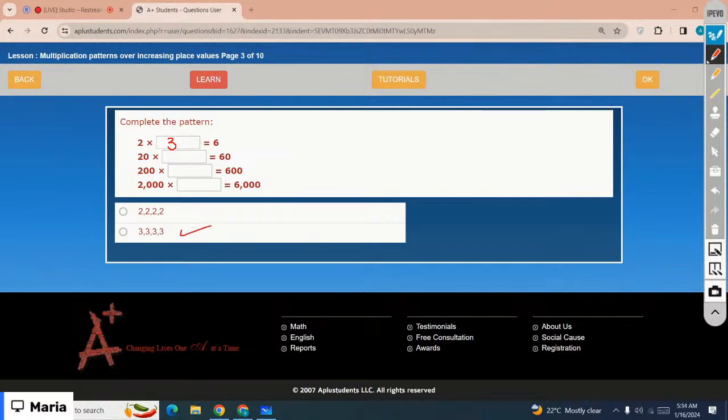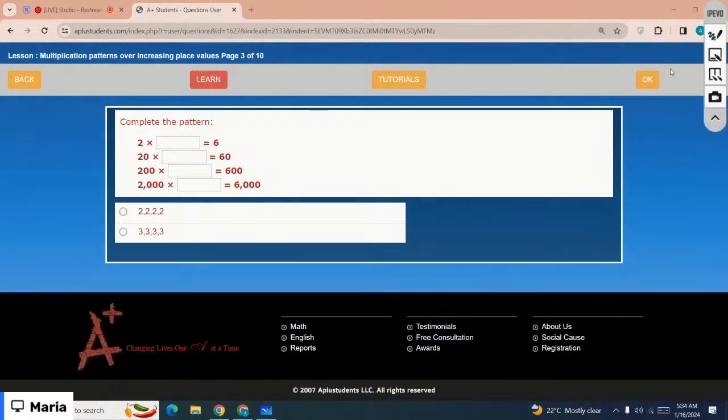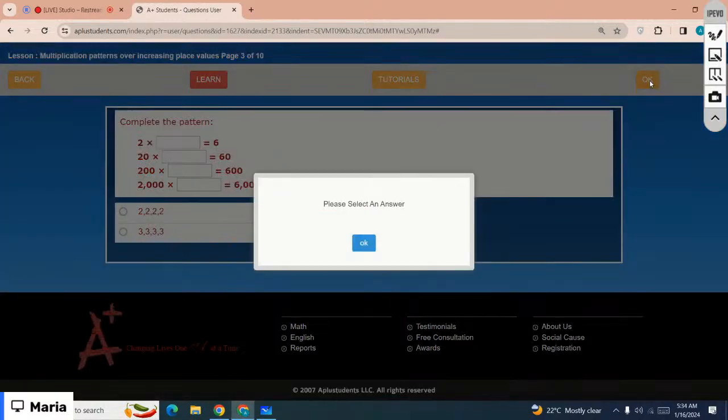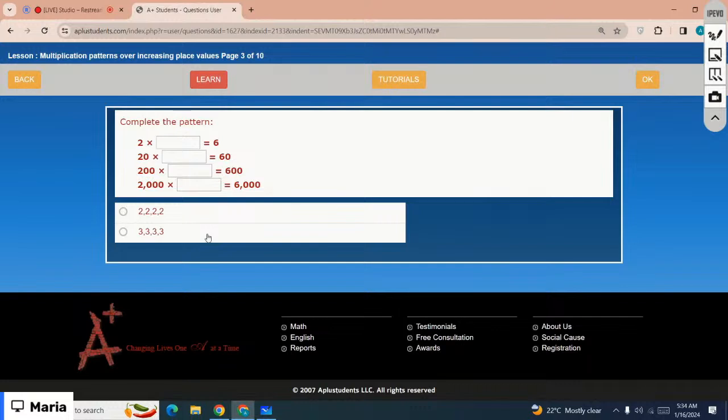Yes, that is the second one. 2 times 3 is 6. 20 times 3 is 60. 200 times 3 is 600. And 2000 times 3 is 6000. So the correct option is option number 2. That is the second one, right? The correct option is the second one.